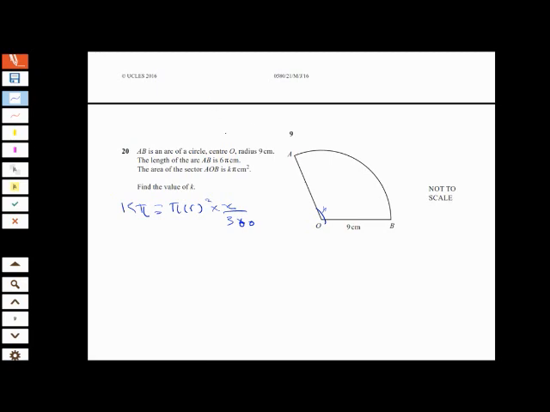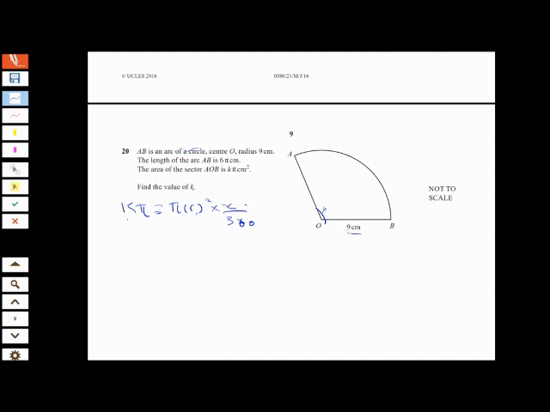And now we have too many unknowns in this equation to find out k. We have to have at least one unknown, which is k. So we have to figure out r and x first. R is given, it's 9 centimeters, and now x, the angle.